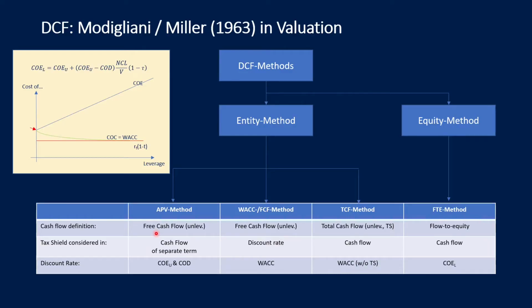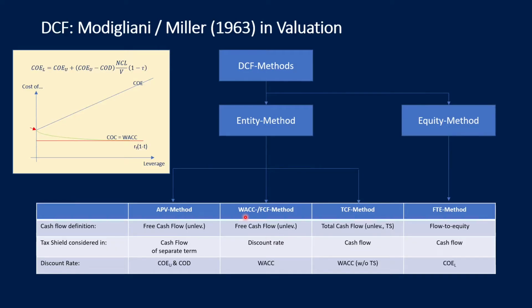And they use the free cash flow as the cash flow definition, but the free cash flow not like we might know it from accounting, just operative plus investment cash flow. No, it's the free cash flow of an unlevered firm here. And the discount rate is the cost of equity of the unlevered firm, which means this point. And of course the cost of debt for the valuation of the debt and for the valuation of the tax shields.